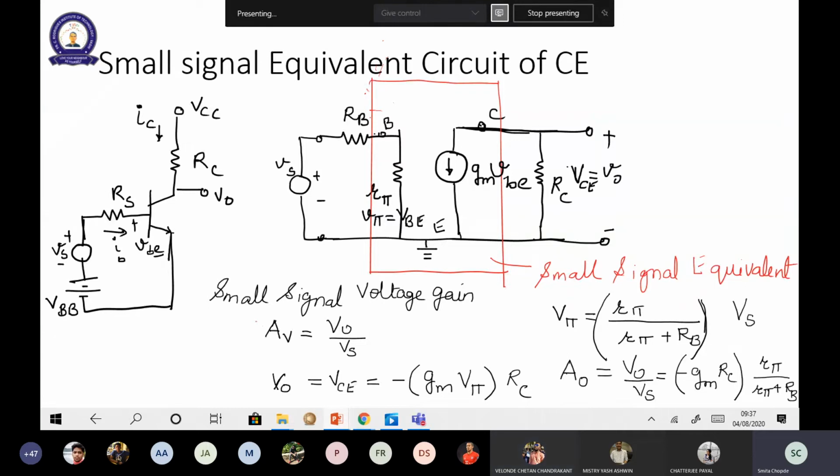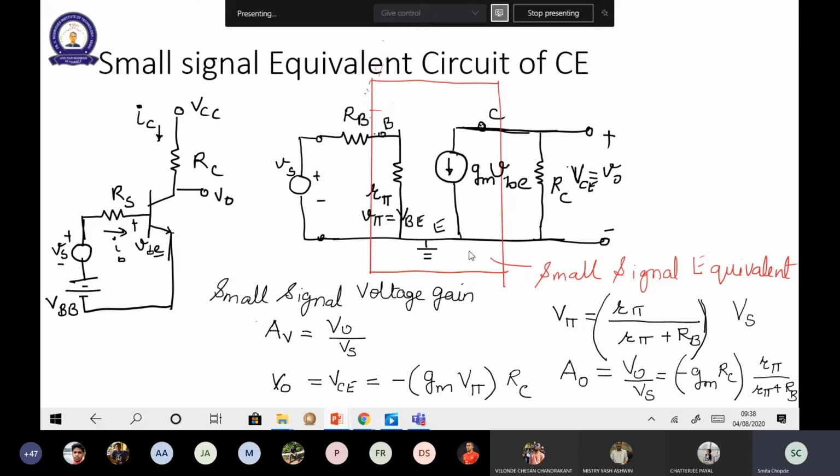About the AC analysis, is there any doubt? How to draw a circuit or something like that? Please understand the model. This is the R pi model. Whatever circuit I have drawn, since it is referring to resistance R pi, it is called an R pi model.